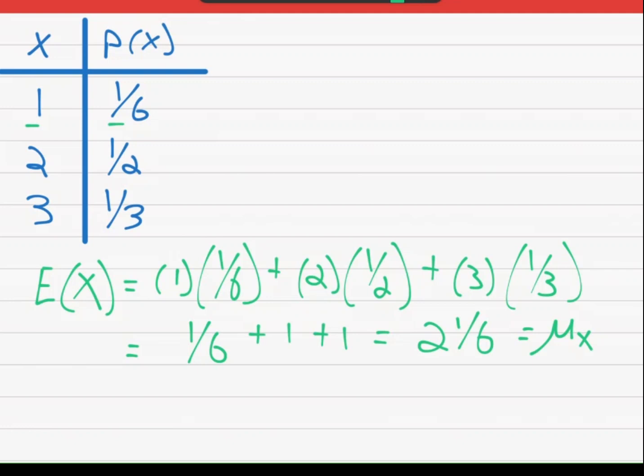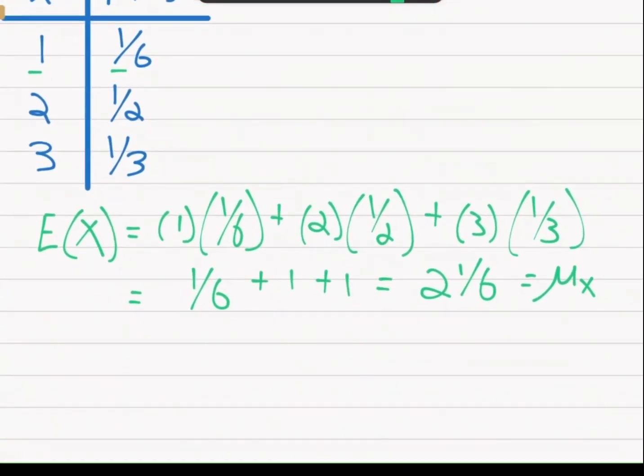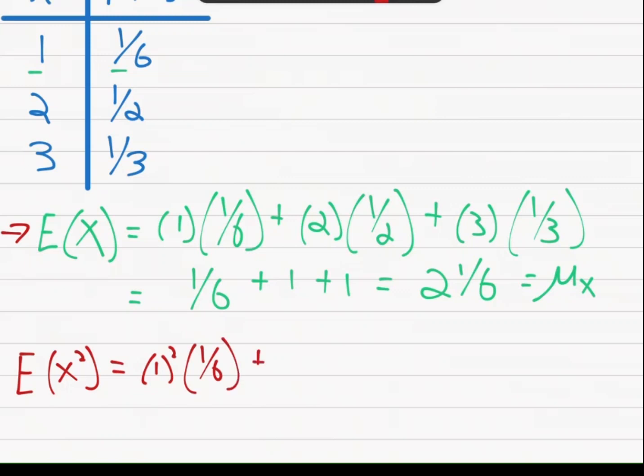Now we need to calculate the variance. To calculate the variance, we do the exact same calculation as we did right here, except we're going to be squaring all of these values. Let me show you that. The expected value of x squared is going to be 1 squared times 1/6, plus 2 squared times 1/2, plus 3 squared times 1/3.